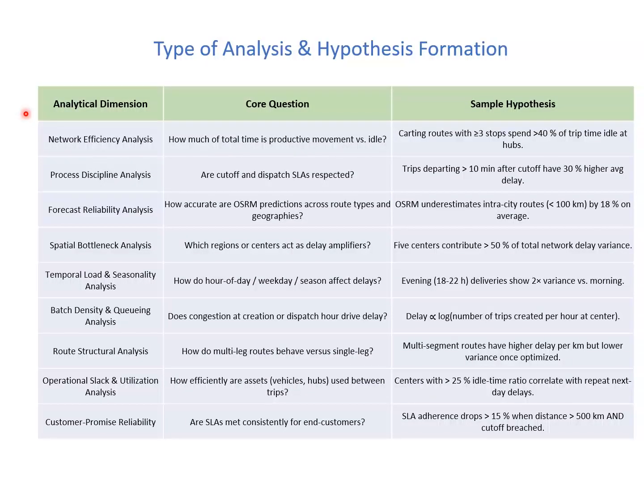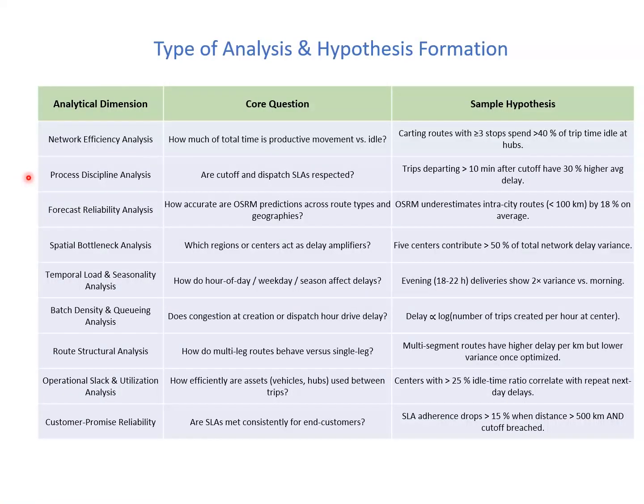Let's take a look at network efficiency analysis. The very basic thing that we can do is calculate the total time which is productive versus idle. This can be calculated with a direct KPI, or we can frame a hypothesis to test, which goes something like: carting routes which have more than 3 stops spend more than 40% of the trip idle at the hub.